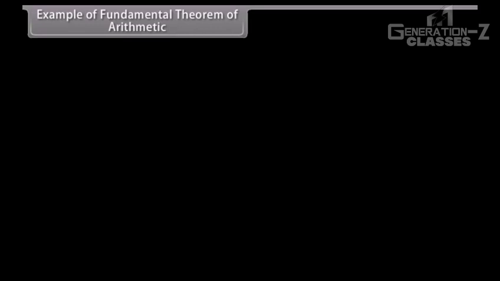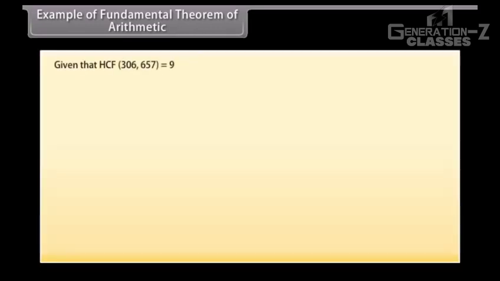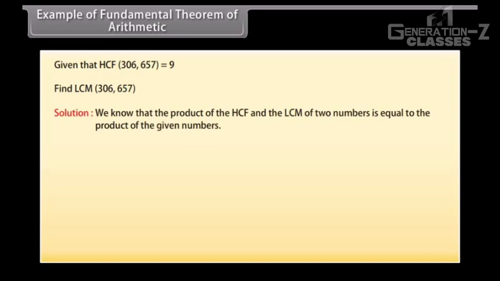Examples of the fundamental theorem of arithmetic. Given that HCF(306, 657) = 9, find LCM(306, 657). Solution. We know that the product of HCF and LCM of two numbers is equal to the product of the given numbers.